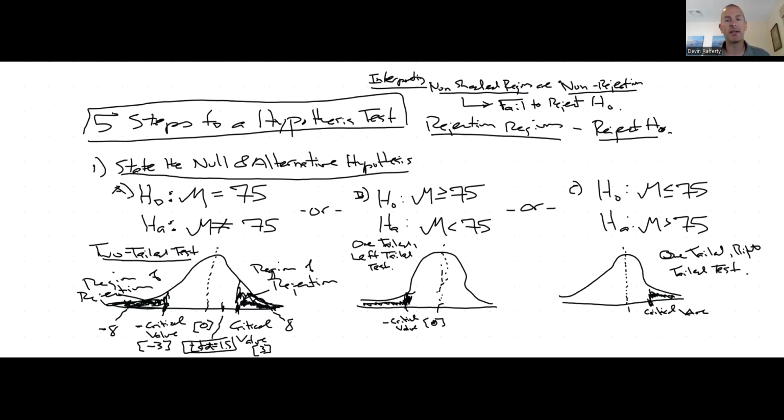Or for case C, will it be less than or equal to $75 at the end of the day? That's a one sample hypothesis test, because the whole purpose is to compare a population against a specific value.